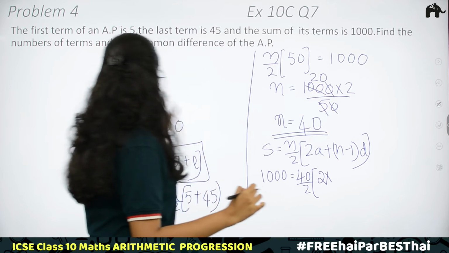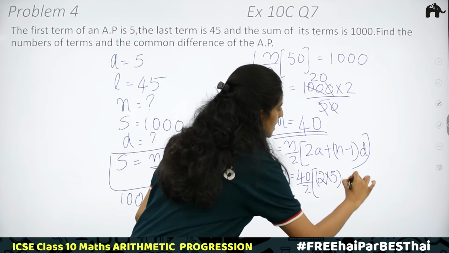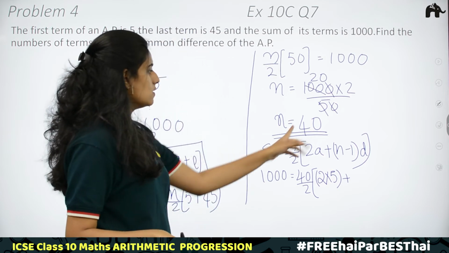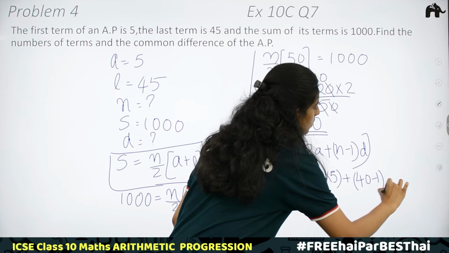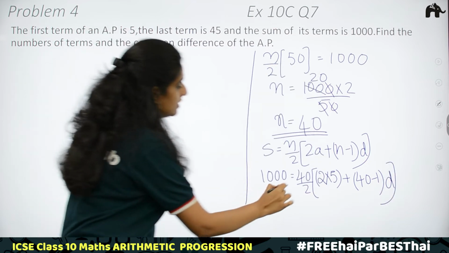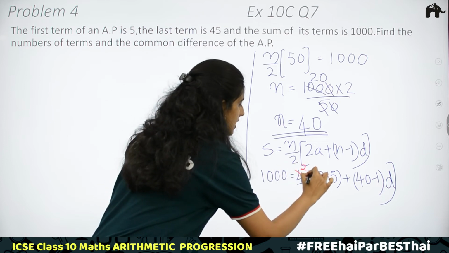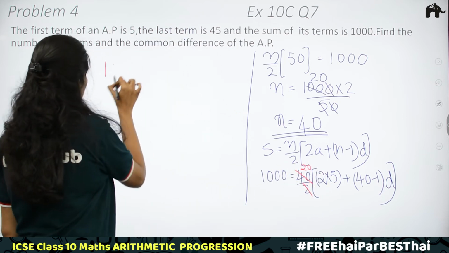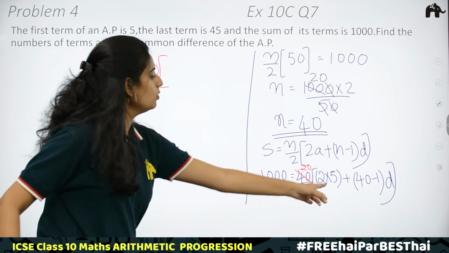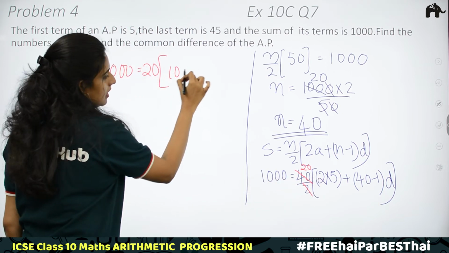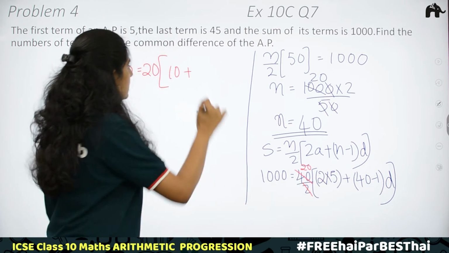The value of a is 5, so 2 into 5 plus n minus 1. n is 40, 40 minus 1 into D. This 2 and 40 can be cancelled. We get 20. Now 1000 is equal to 20 into 2 into 5, 10 plus 40 minus 1, 39 D.